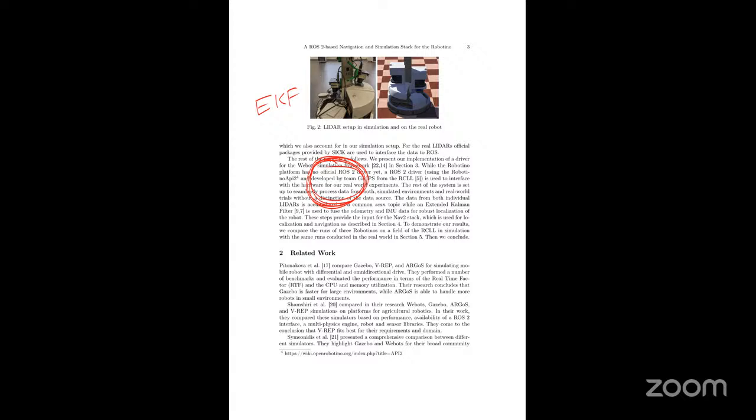They have used a wheel encoder, that means odometry, and then IMU, gyroscope. These two are combined, the odometry as well as the IMU, so that we get the accurate position of the robot. For that, they are using EKF, extended Kalman filter.